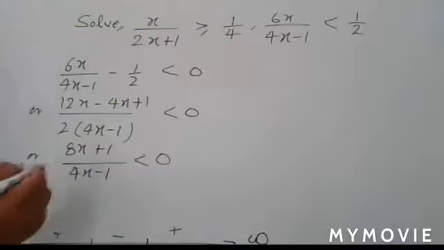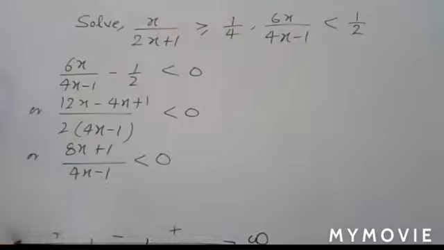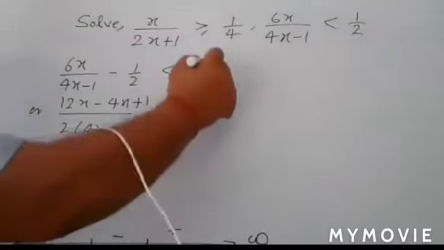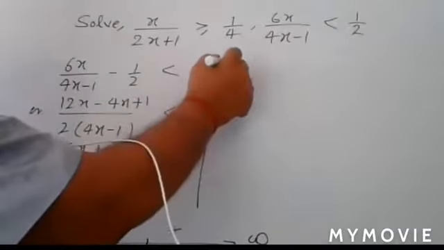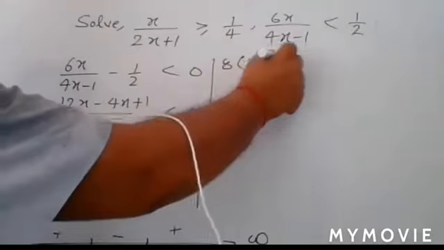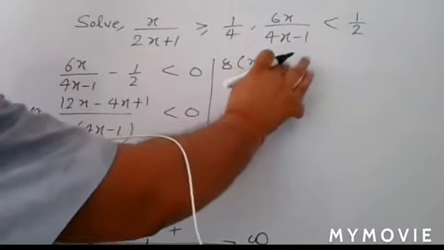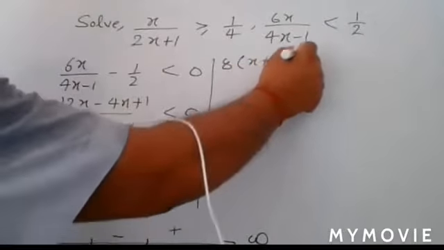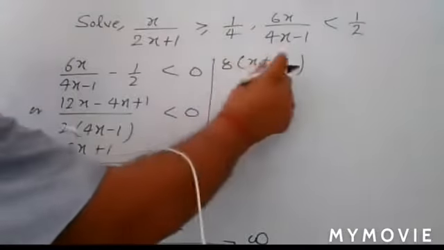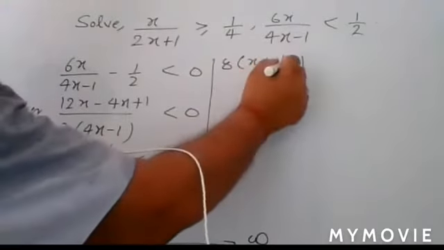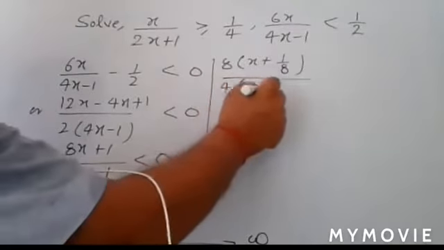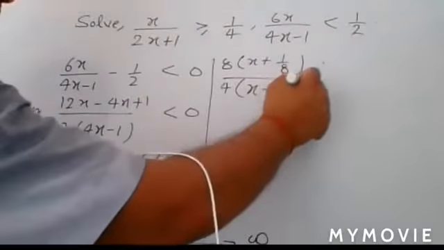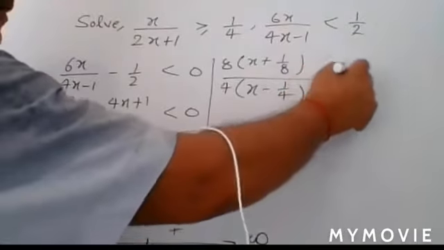Now what you do, you have to take 8 common from numerator and 4 common from denominator. I solve here. If you are taking 8 common, so you have x plus 1 upon 8, divided by 4 common, so you have x minus 1 upon 4, and that is less than 0.